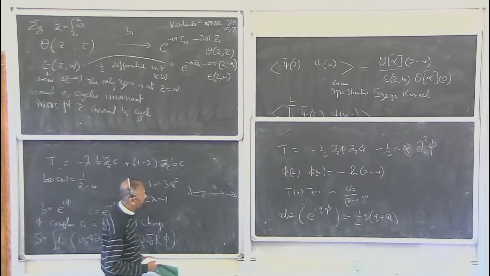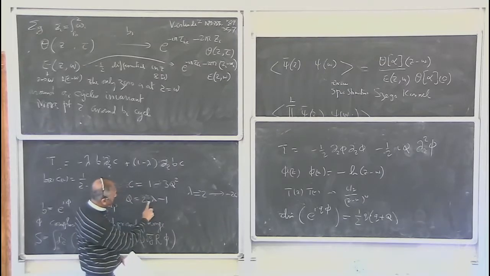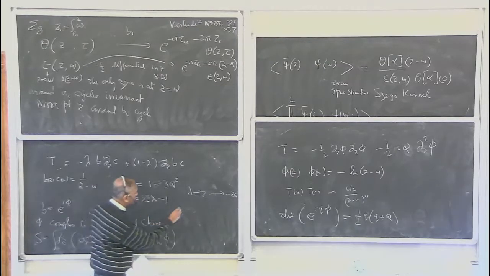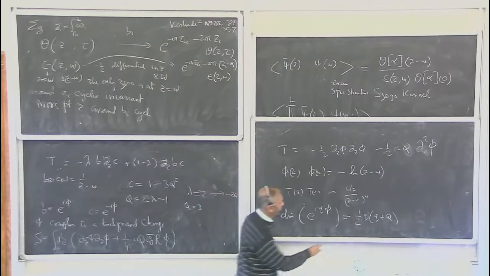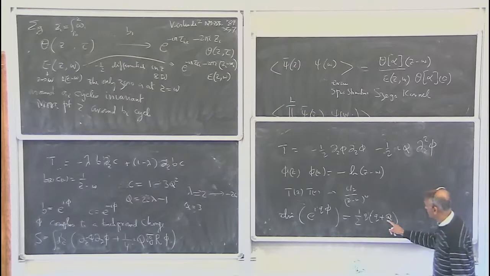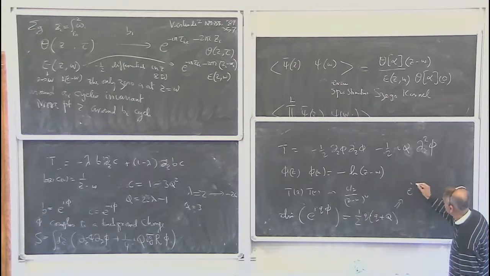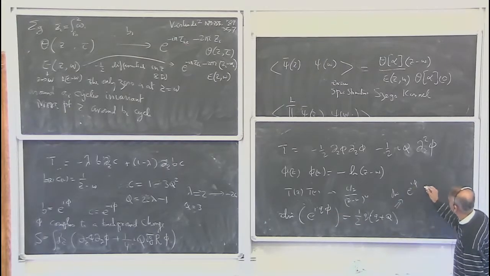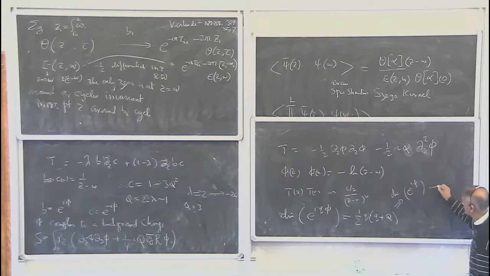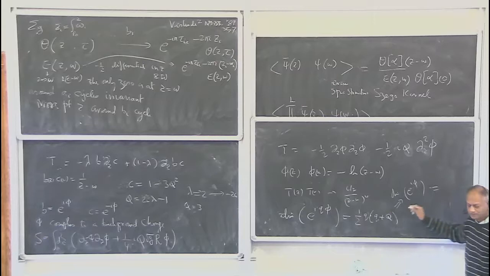So, for example, for the BC system, the ghost system, lambda is equal to 2, so capital Q is 3 for the BC system. So if I take capital Q equal to 3, and small q is equal to 1, this will imply that e to the iφ, with small q equal to 1, has dimension equal to 1 plus 3 divided by 2, so it's 2, right?